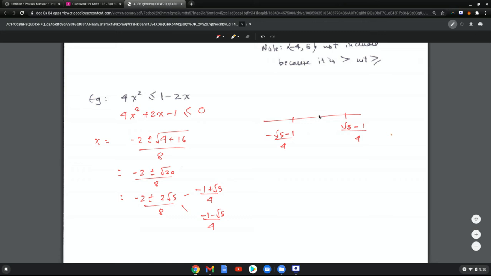Now let's pick test points. Test points are going to be 0, and one here, one here, one here. Now, I need to estimate this value. Root 4 is about 2, so root 5 is slightly over 2, right? So this number is slightly over 3. This is like negative 3 point something something.